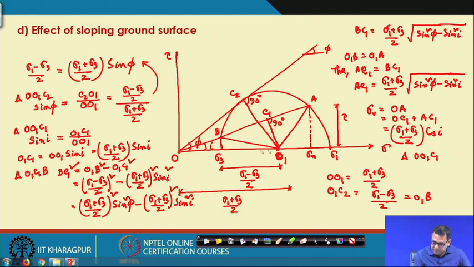So, this value O1 is sigma 1 plus sigma 3 by 2 and I am getting this OC1. So, that will be sigma 1 plus sigma 3 divided by 2 into cos I, from this triangle. So, this is the cos I plus AC1, and AC1 is this value.